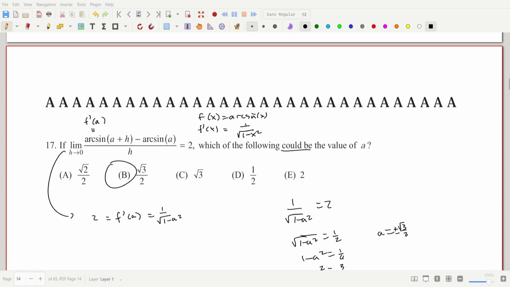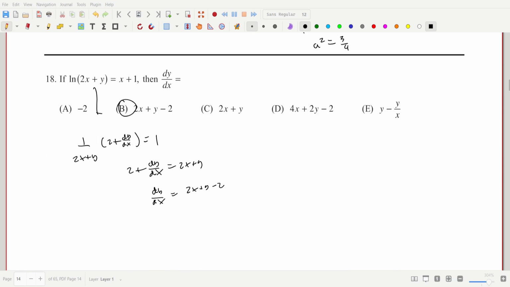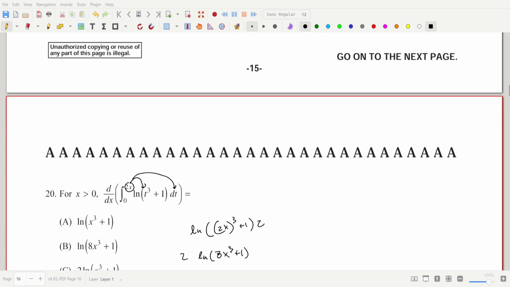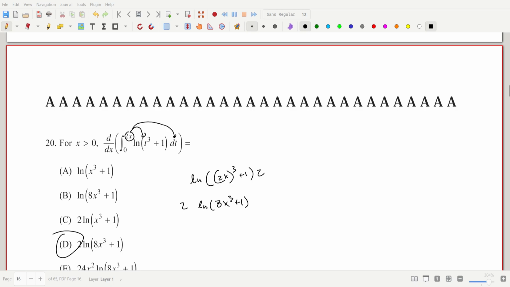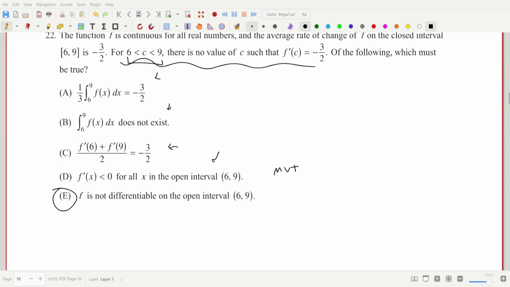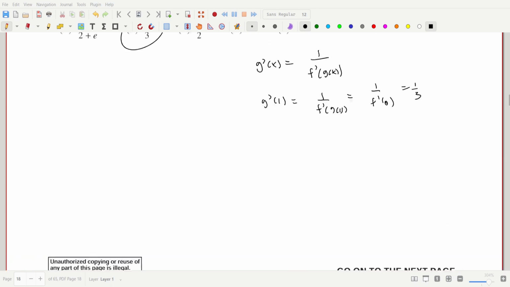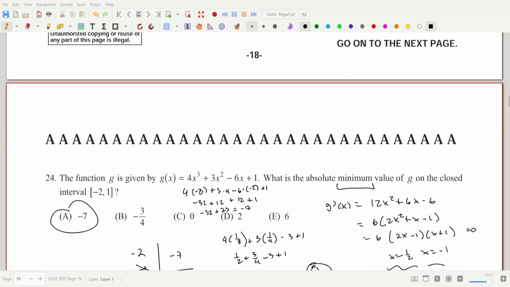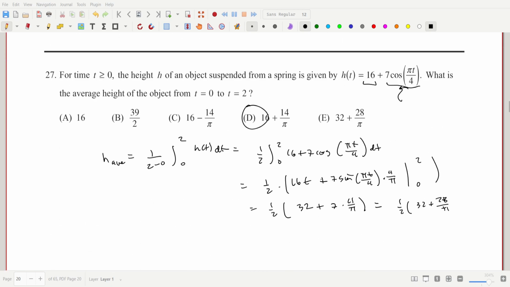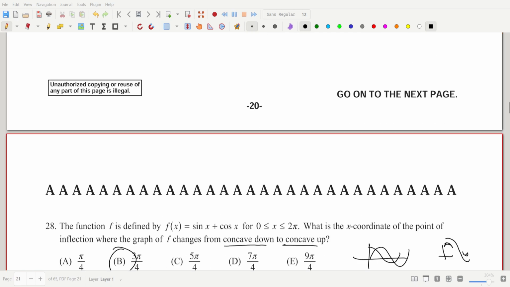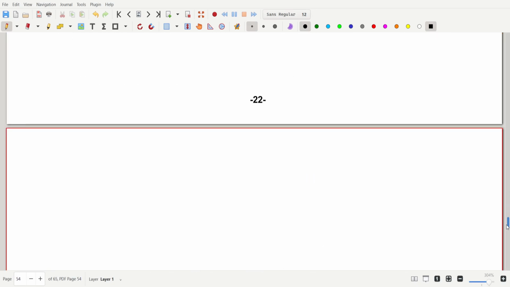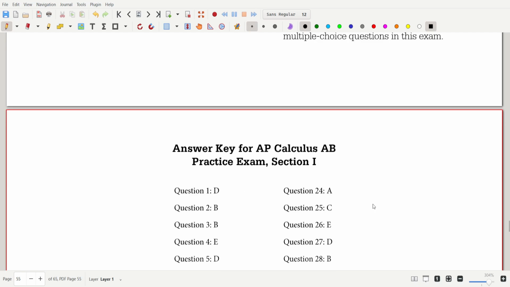Okay, that was D, B, B, B, D, A, E, B, A, C, and then E, D, B. I'm going to check these on the answer key, which is at the bottom, I think. Yeah, here we go.